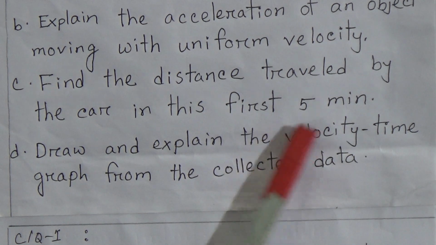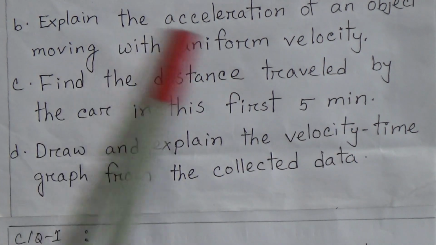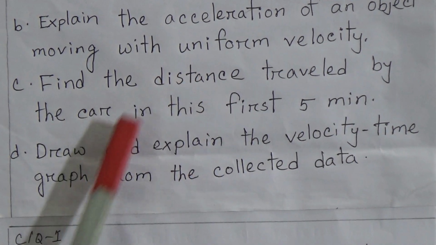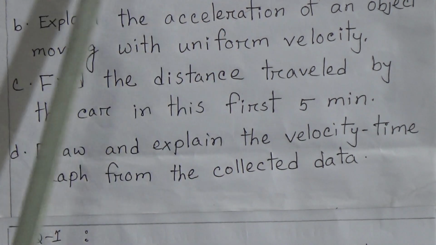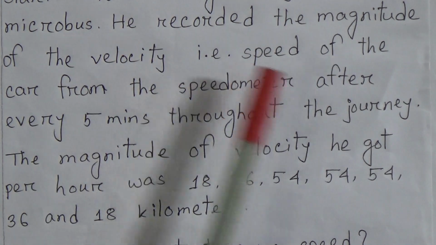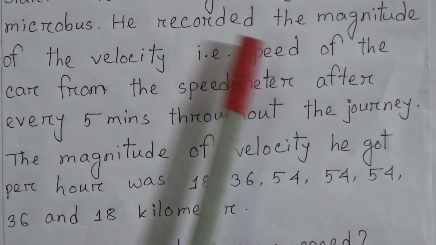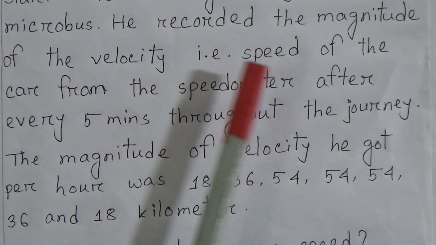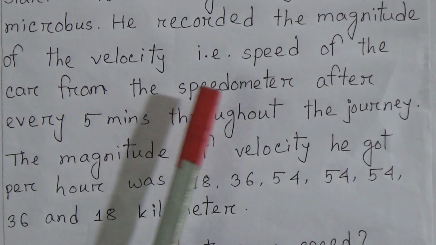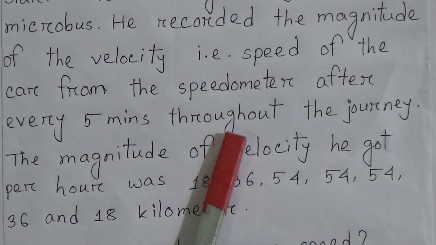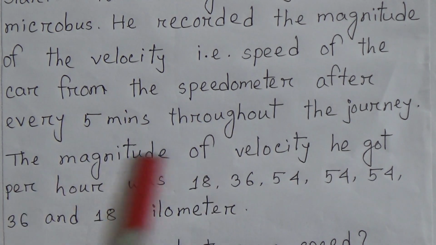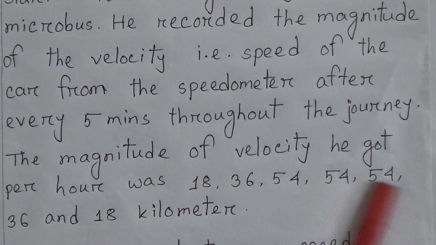Now come to question number C. Find the distance travelled by the car in the first 5 minutes. Rajiv recorded the magnitude of the velocity, that is the speed of the car, from the speedometer after every 5 minutes throughout the journey, and the magnitude of the velocity is this.